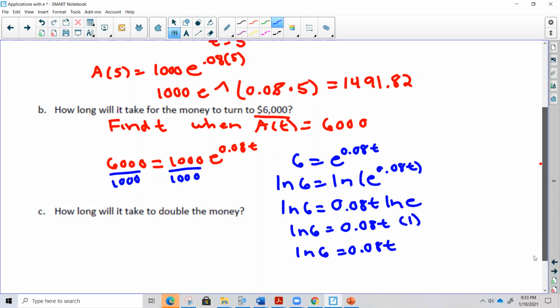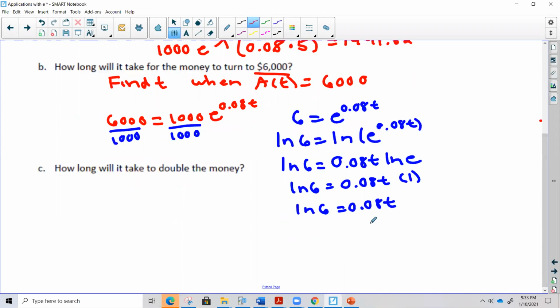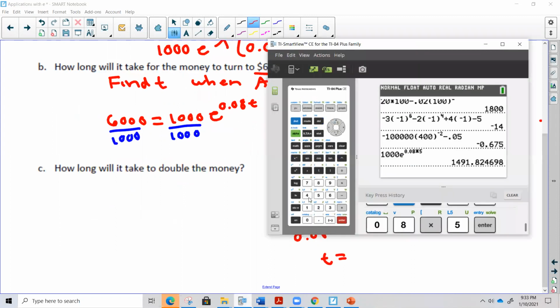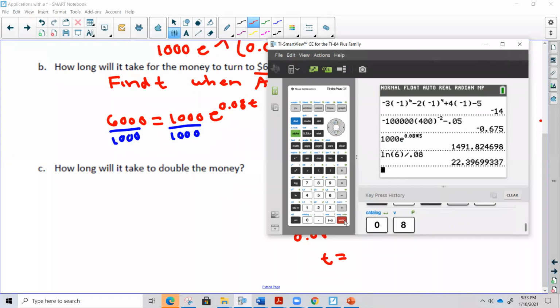And then because I'm trying to get t by itself, I can divide both sides by 0.08. And so I would type this in my calculator to get t. I would take ln of 6, so ln is here, close your parentheses, and then divide by 0.08, and that would give me the time, which is about 22.396.